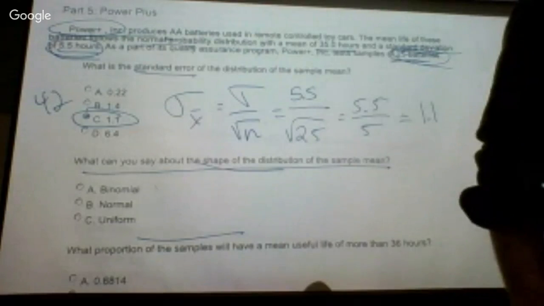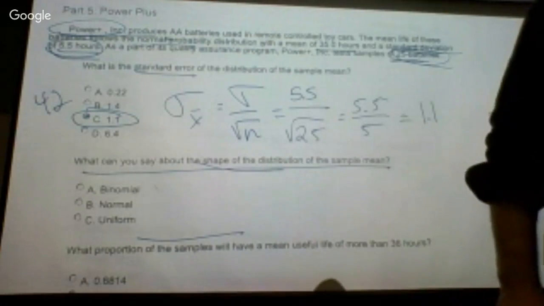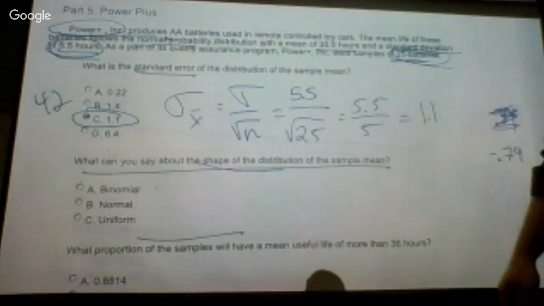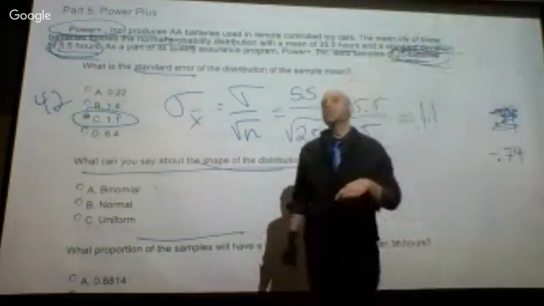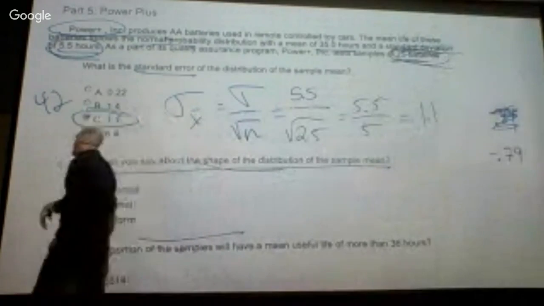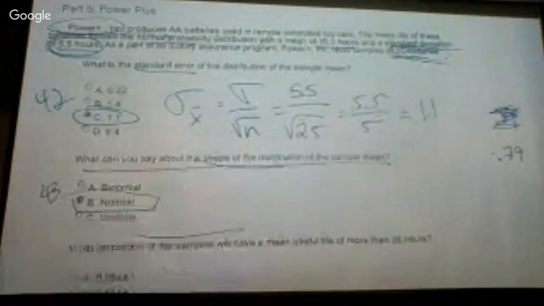Nope. Joe, it says normal. What says normal? The probability distribution. Yes, that's fair. The mean life, the average life of those is normal. All right, 43, because it says normal.